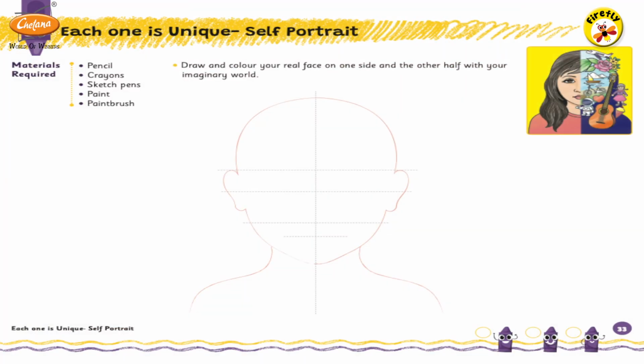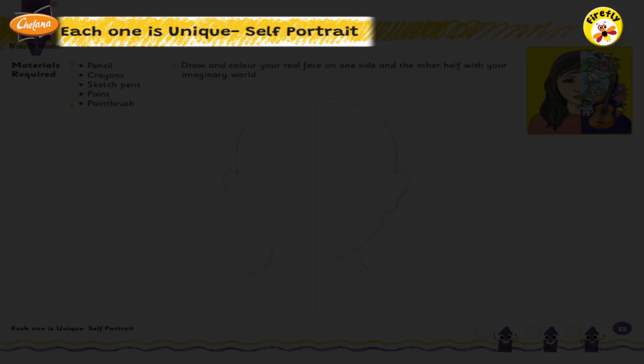So, in this book, you're going to be learning a lot of life skills. That is, of course, you're learning creative thinking, critical thinking, decision making, problem solving, but you're also going to learn a lot about yourself. And on page 33 in book 5, we have this very beautiful self-portrait that you have to do, which is called Each One is Unique.